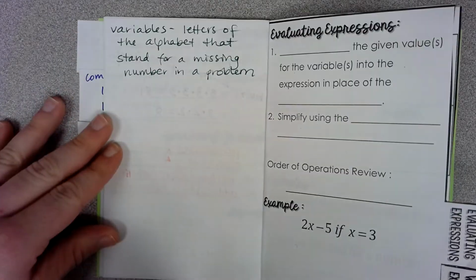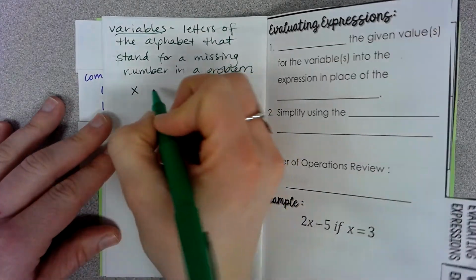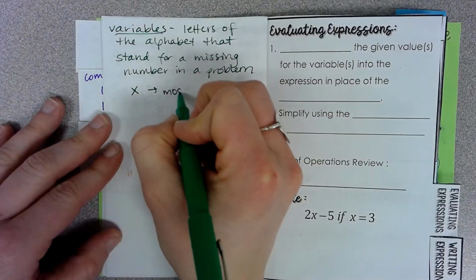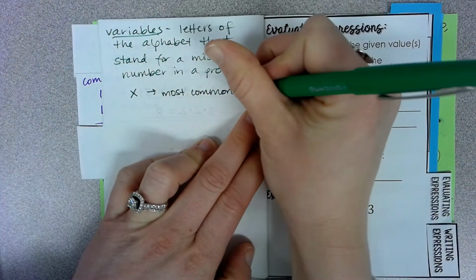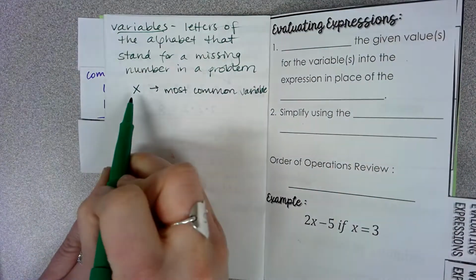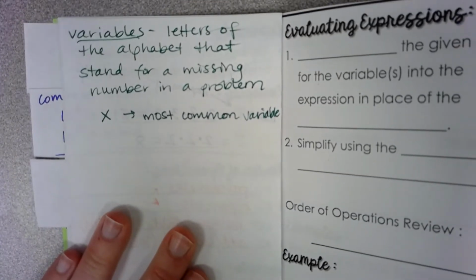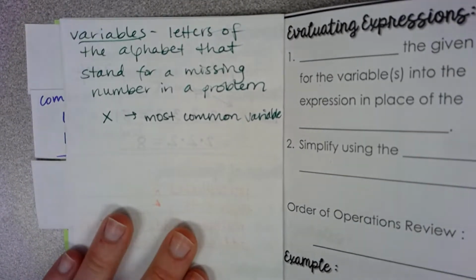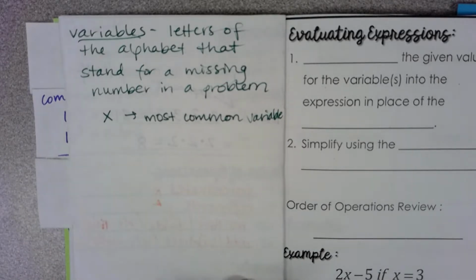A lot of the times you will see the letter X used, and that is the most common variable used. But you'll notice sometimes this, and we've talked about this before, it could be mistaken for a multiplication symbol, and that's why we've started to use a little dot for our multiplication symbol from now on. So X is a very common variable that you will see.